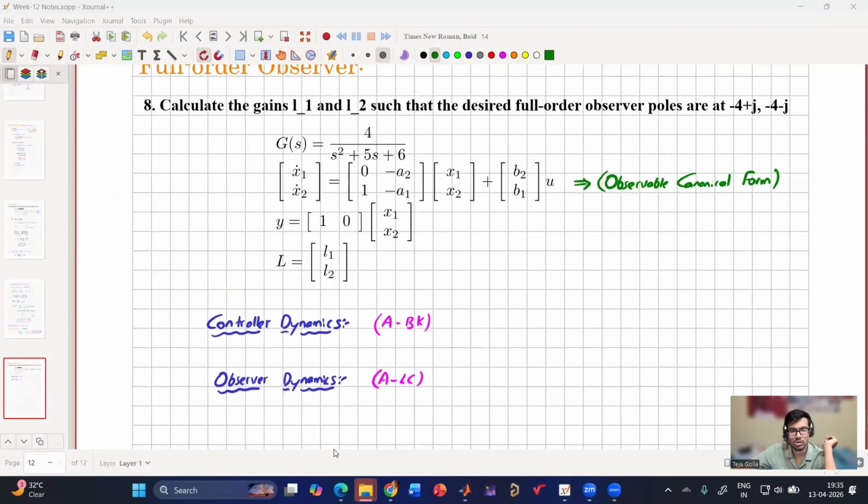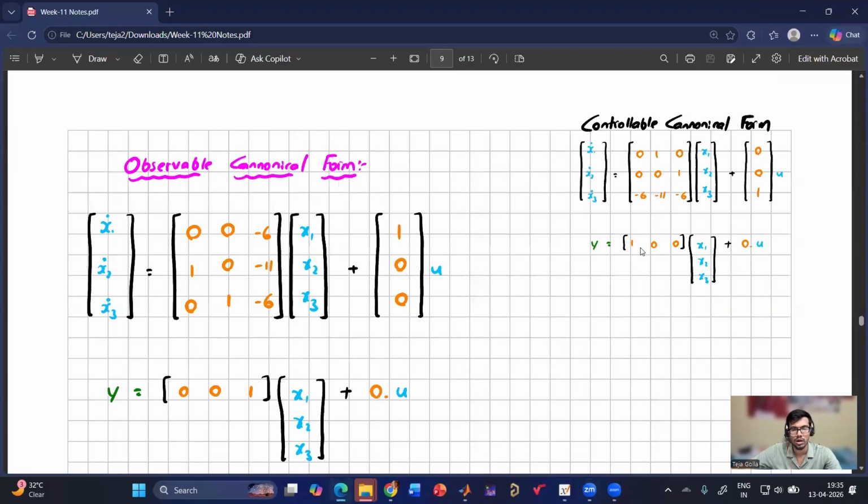So let us go back to our theory. If you have the controllable canonical form, then it will become the transpose, right? Here y is say 0, 0, 1. There you will get 0, 1, 0, 0, 0, 1. So in this way, it will be changed. It is like a transpose.